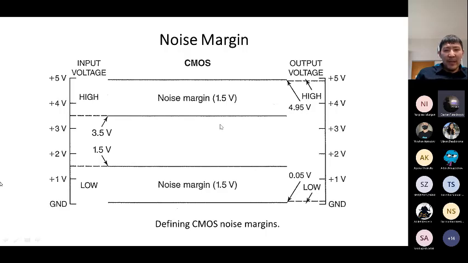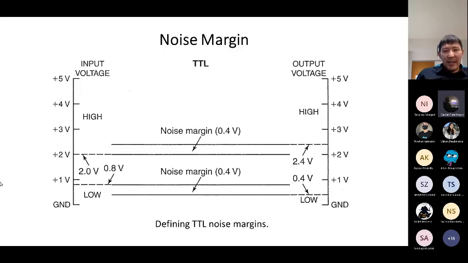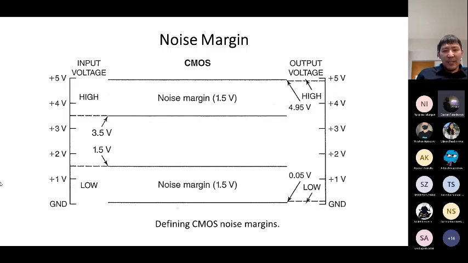And the same with the high output. Here it also has a noise margin of about 1.5 volts. But of course it depends on which CMOS is selected. But on average we can say that the TTL has this kind of profile, and the CMOS has this kind of profile.